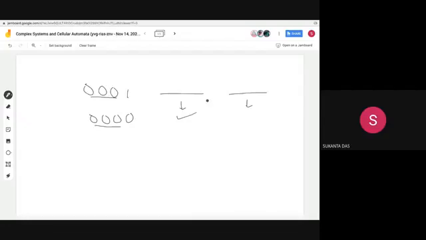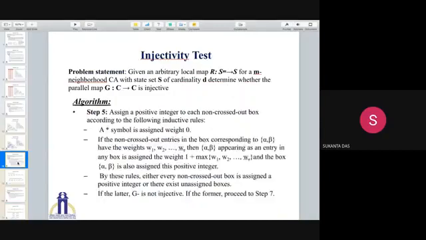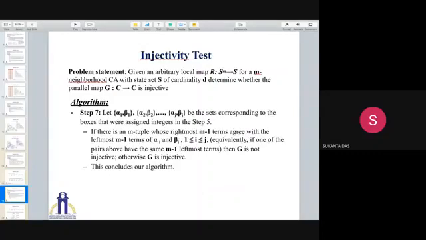Now if this part is again the same, then what was the condition? Please recall. It is saying you can find an m tuple whose rightmost m minus 1 terms agree with the leftmost terms of alpha I and beta I. So here alpha I and beta I have a leftmost term that is the same as another m tuple.